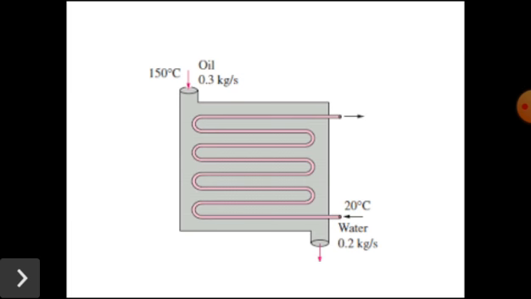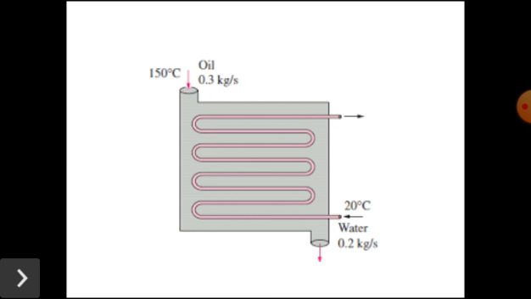You can see here, I will explain better. Okay, here you can look at the shell. The whole tank-like structure is the shell, inside which a tube is passing. Here this is multipass.